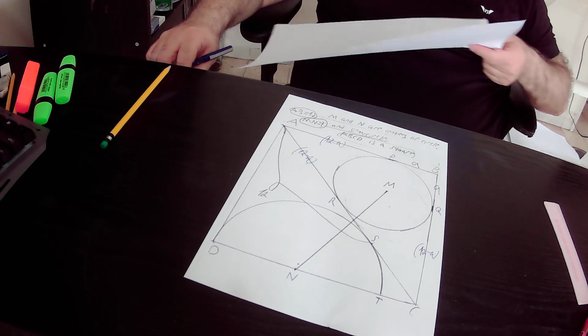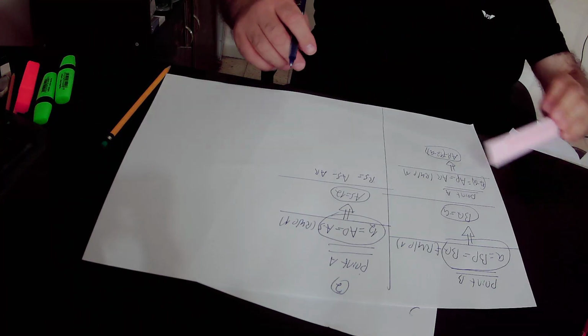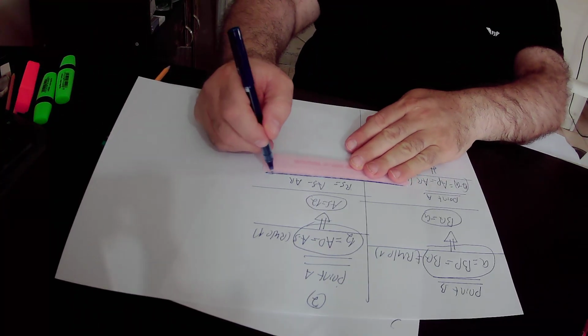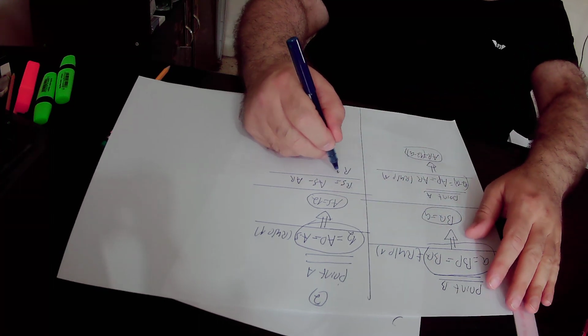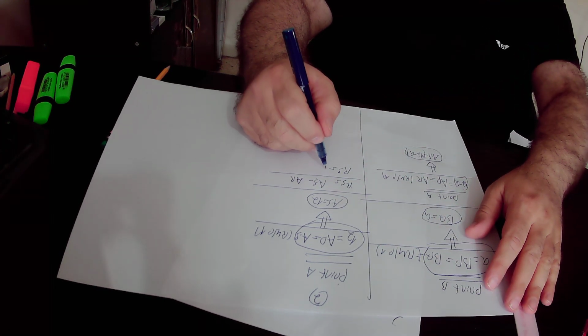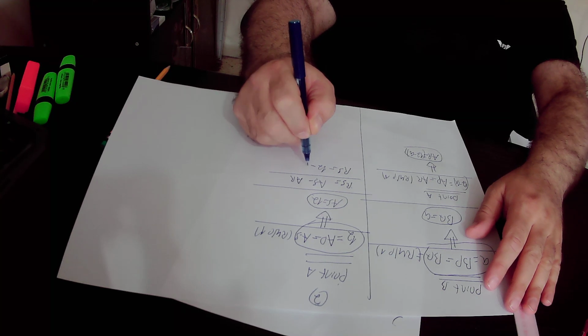So actually, RS is equal to AS, that is 12, minus AR.